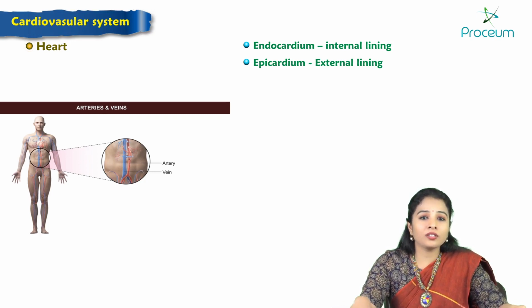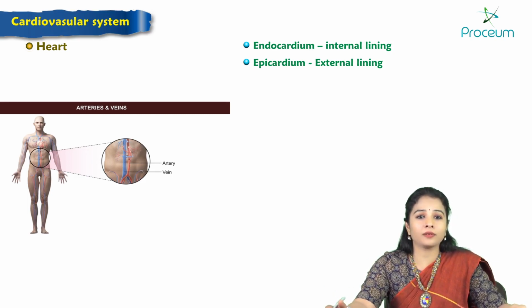So heart has got 3 layers. Outer epicardium, which is nothing but the visceral layer of the pericardium. Then the muscle of the heart, which is called as cardiac muscle, and internally it is lined by the endocardium. So cardiac muscle forms myocardium. So endocardium, myocardium and epicardium are the 3 layers of heart.